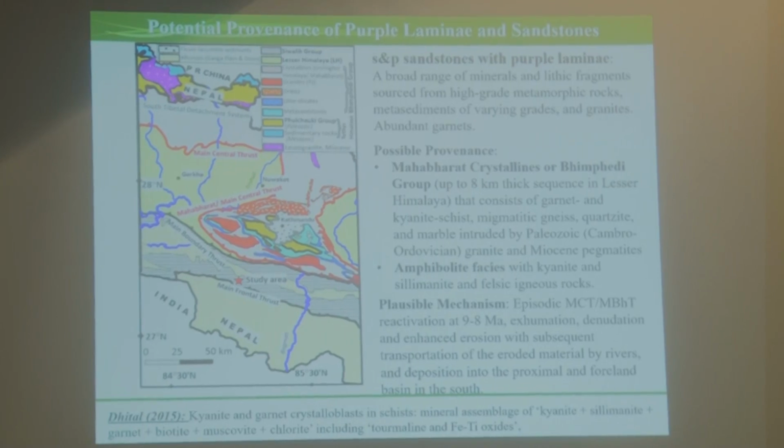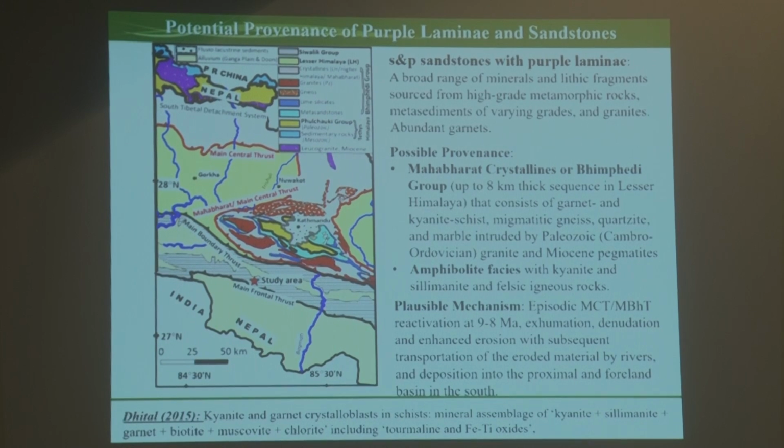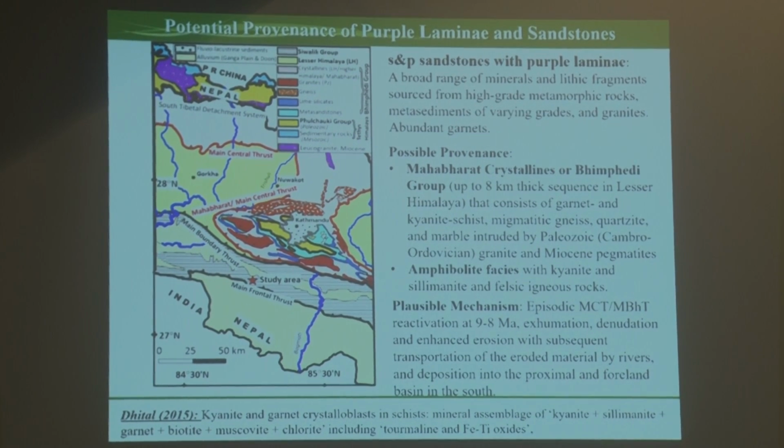The minerals should come from the Mahabharata crystalline or a few groups within the Lesser Himalayan zone, or the High Crystalline from Kathmandu, Nepal. And also red facies, kyanite, as well as many sections with garnet deposits.